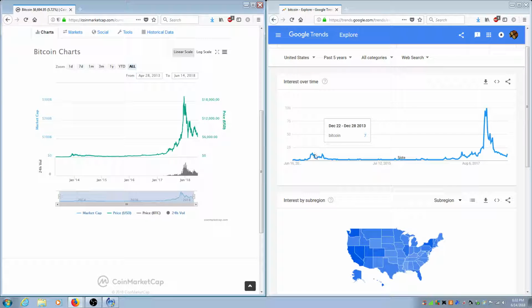So same thing here. You see the interest in Bitcoin really go down at the same time, and look at that interest. It's cut by almost two thirds from that peak in this first move. And then you've got a pickup in interest after that.